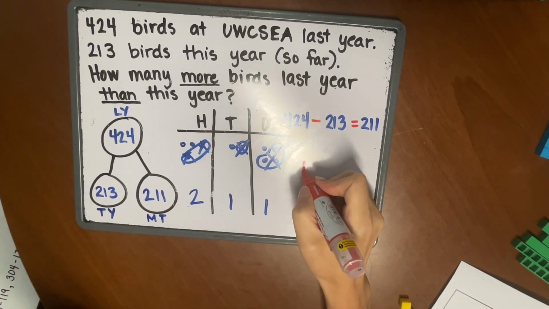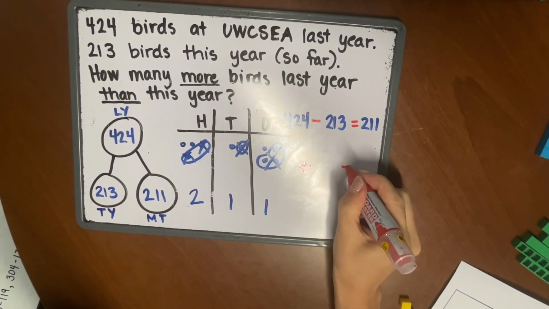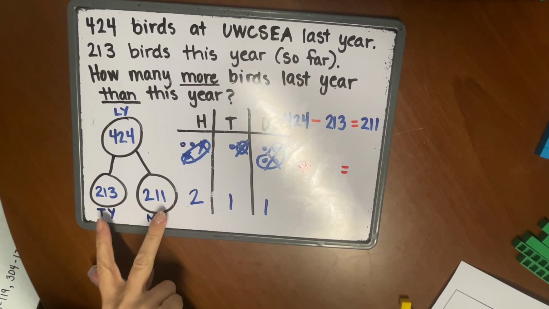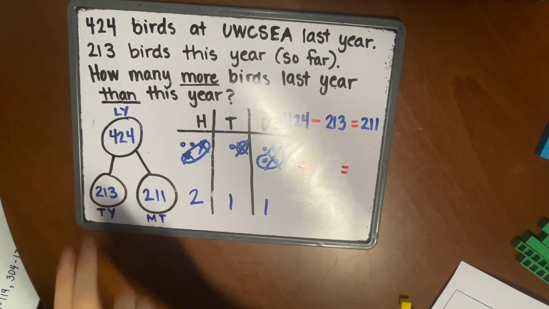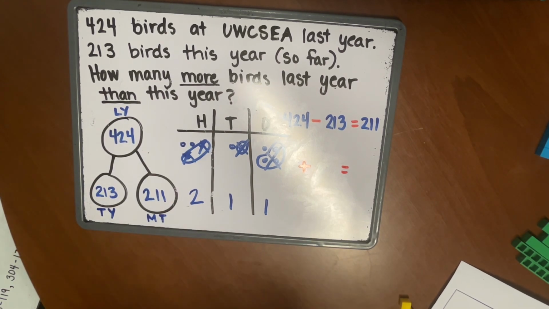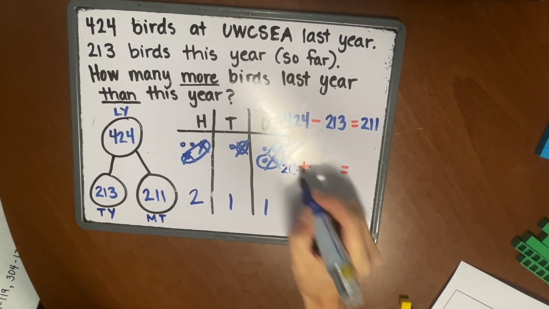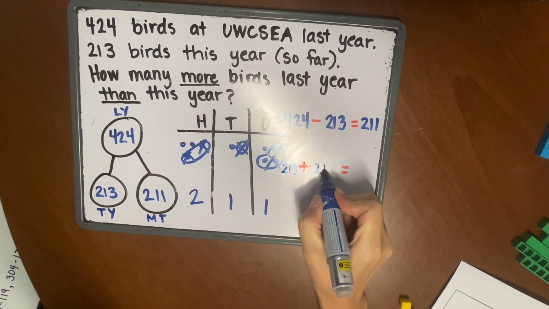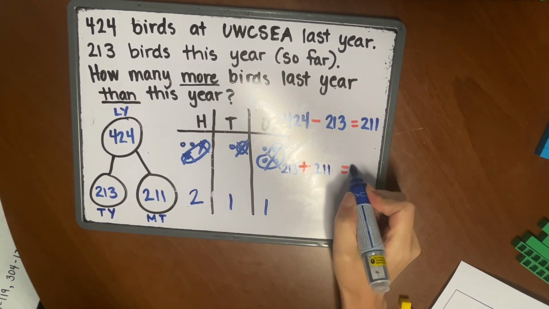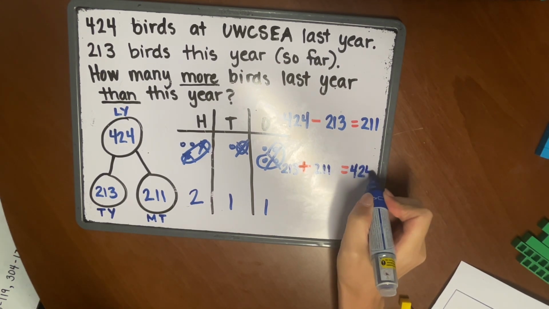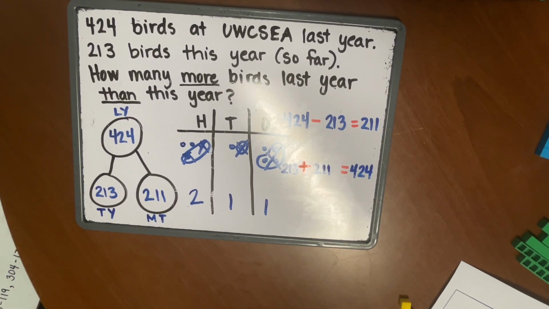But I think I can also use an addition symbol to show this problem. What can I put together to equal a total? If you're thinking that I had 213 this year, and I still need to see 211 birds to get to the same as last year, which is 424, you are accurate.